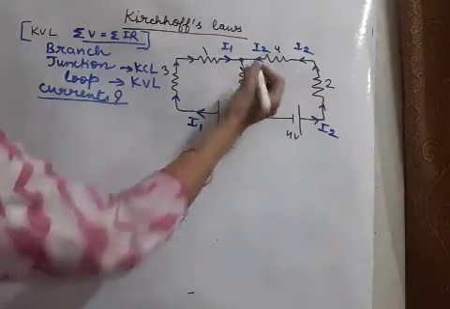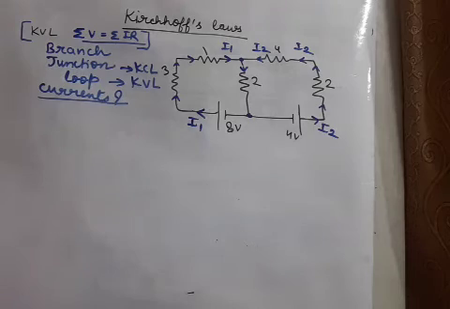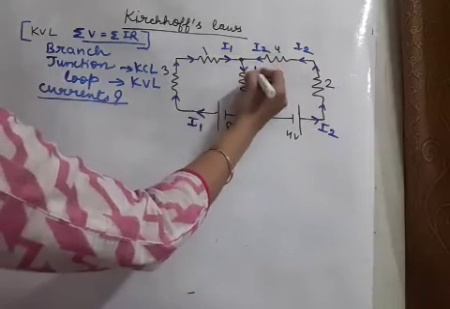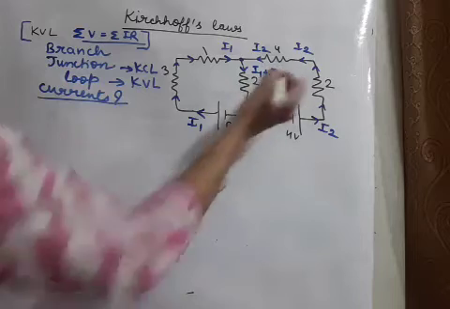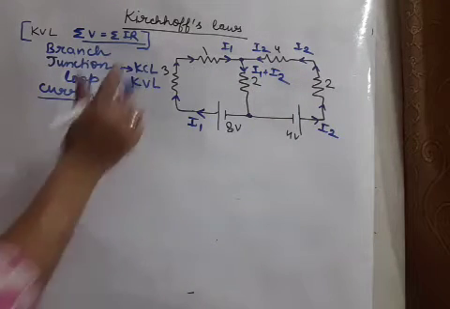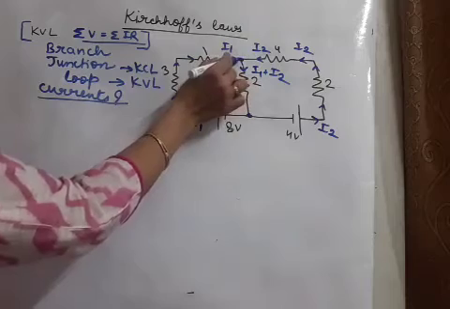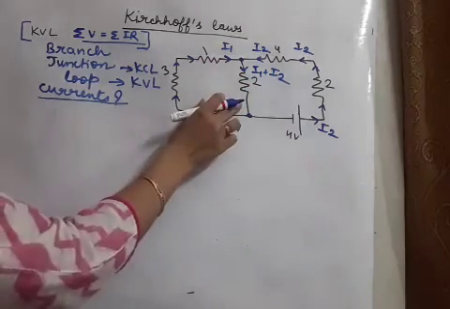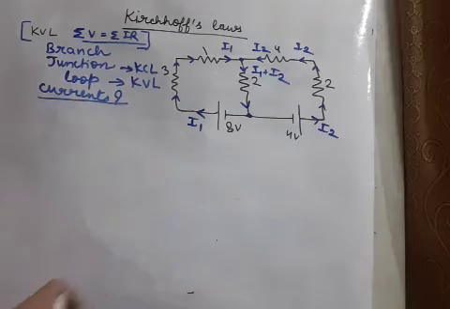So how much current will flow in the middle branch? I1 and I2 are coming, so by the simple rule it will become I1 plus I2 in this branch. Then this I1 plus I2 will flow till here.